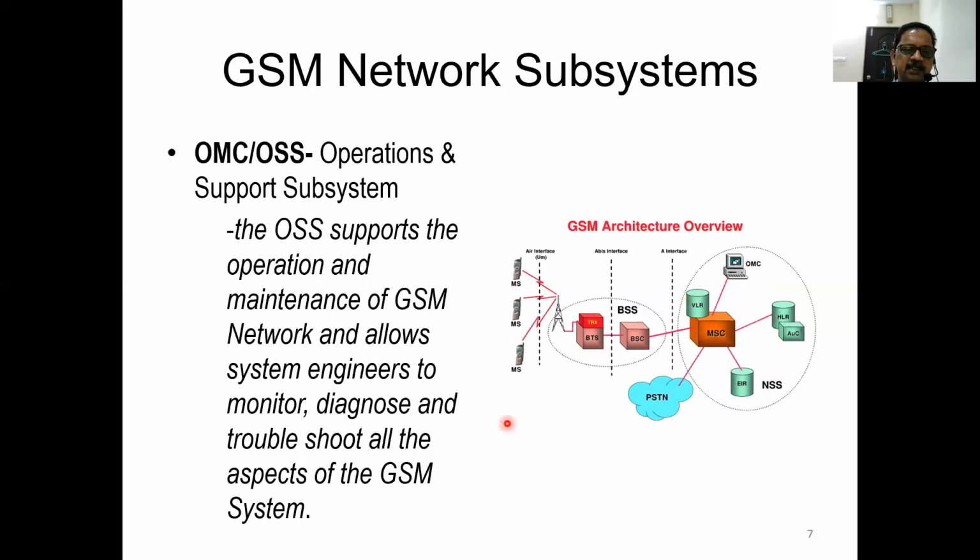It facilitates the system engineers to monitor, diagnose, and troubleshoot in case of any problem. So it will help in diagnosing the fault and also facilitates in troubleshooting or rectifying the problem.